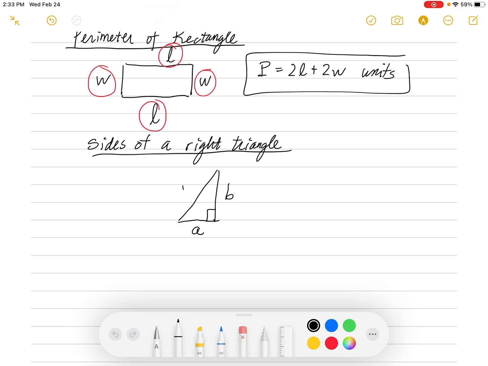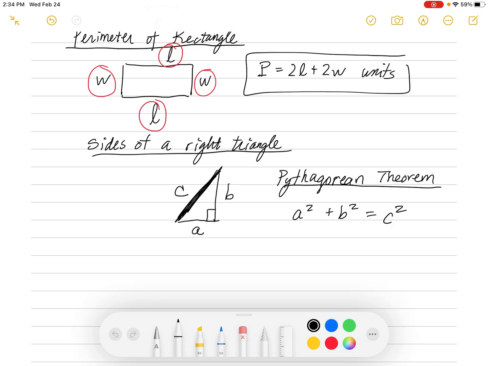We call this side A, and this side B, and this side C. So you have something that relates those 3 sides, called the Pythagorean theorem. And it says basically if you take A squared plus B squared, it's going to give you the hypotenuse. The hypotenuse is this side here across from the right angle, that side squared. So the sum of the squares of the 2 legs equals the square of the hypotenuse. And that can be useful.